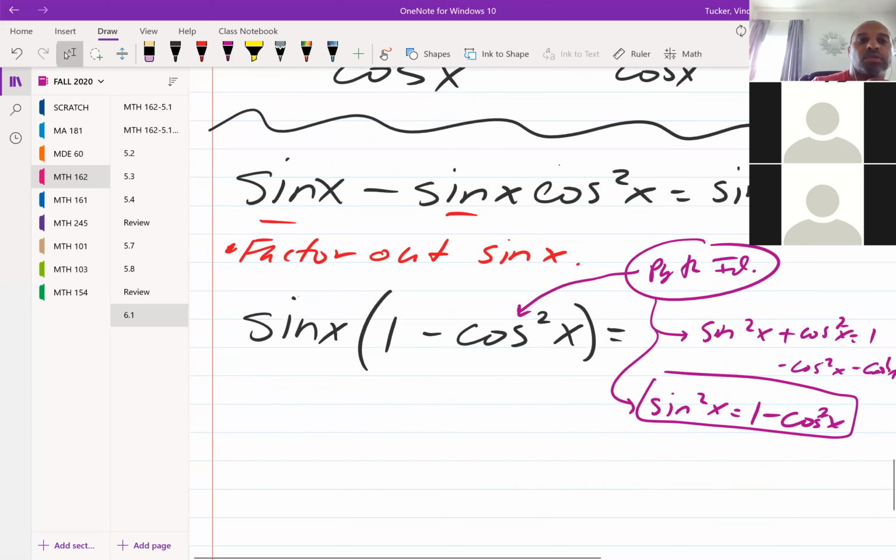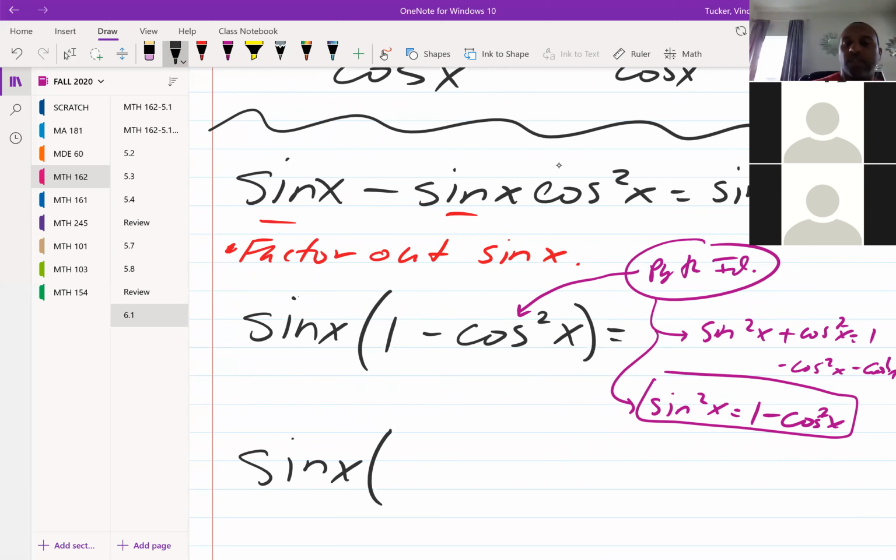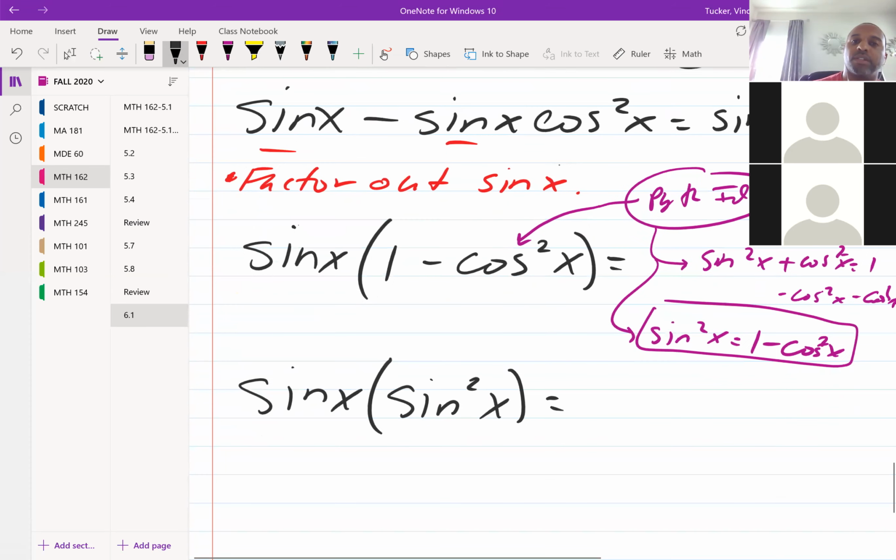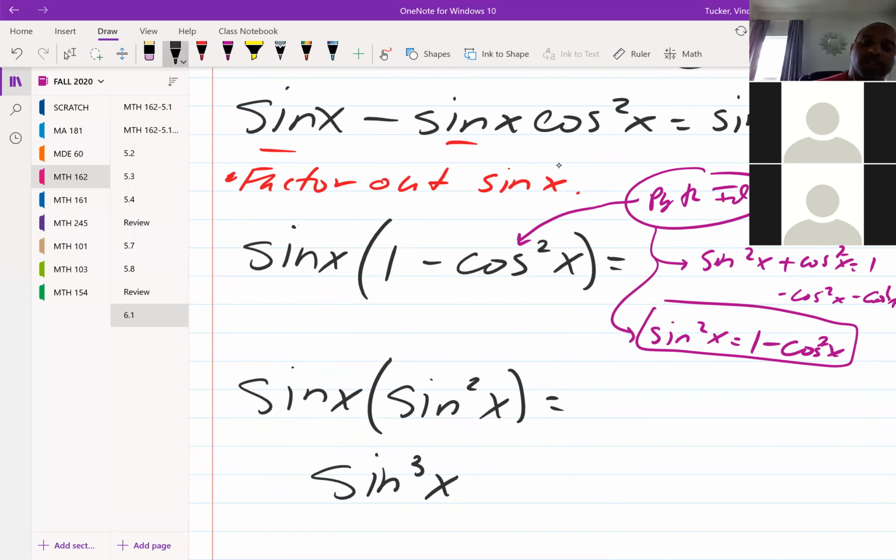So sine x times 1 minus cosine squared is equal to sine x times sine squared x, which means sine times sine squared, sine cubed. And that's what we're trying to get.